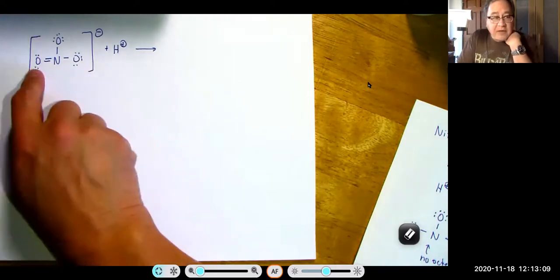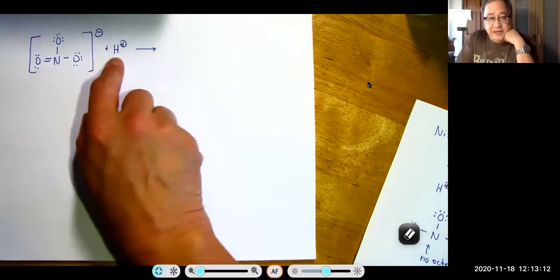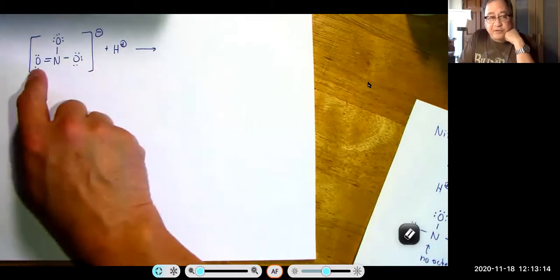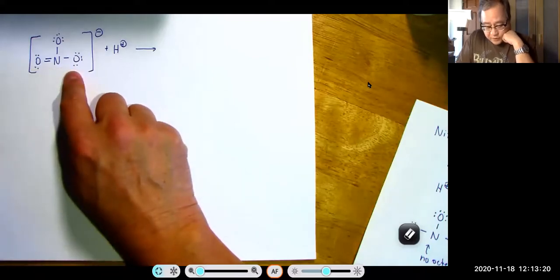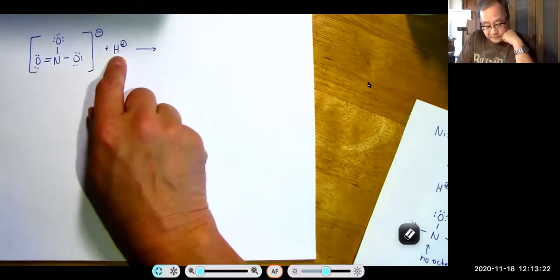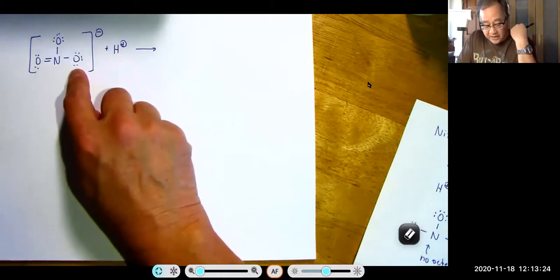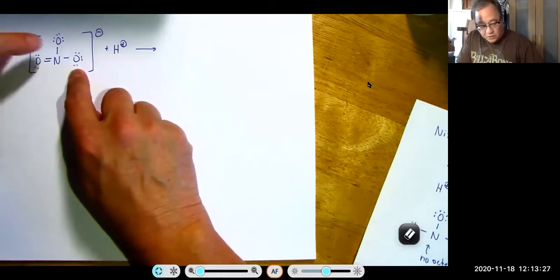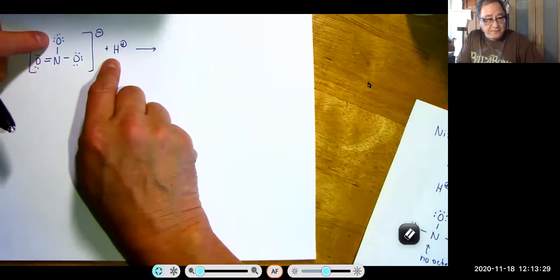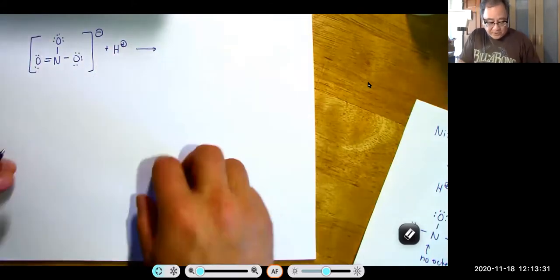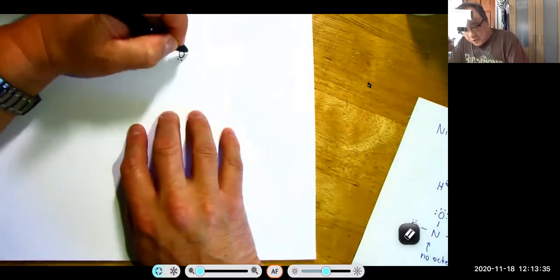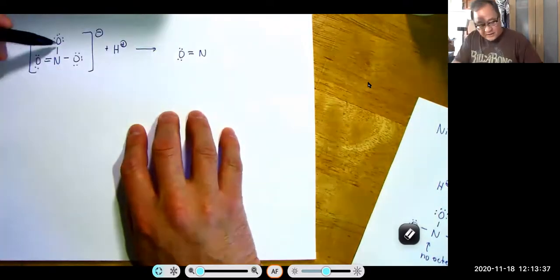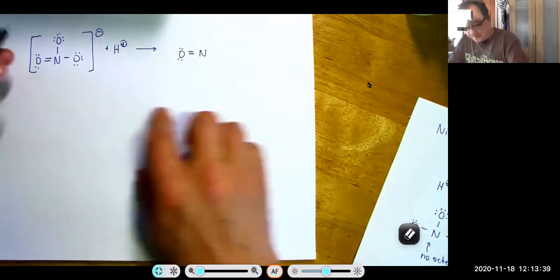If a lone pair on this oxygen bonds to the hydrogen, this oxygen will have 3 bonds, and we don't like that. This oxygen only has a single bond. If we bond this one to the hydrogen, we'll then have 2 bonds to that oxygen, and we do like that. We could put the hydrogen on this one also, but there's no point. I'm just going to put it on there. And the reason there's no point is because if I put it on here, it'd be the same as putting it here.